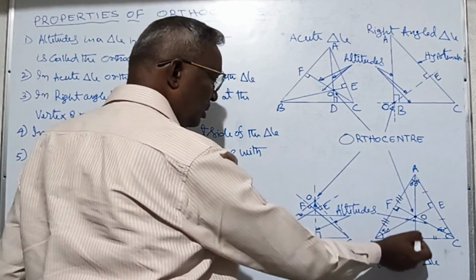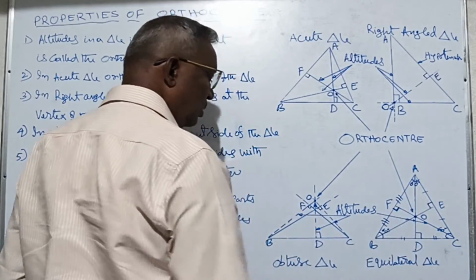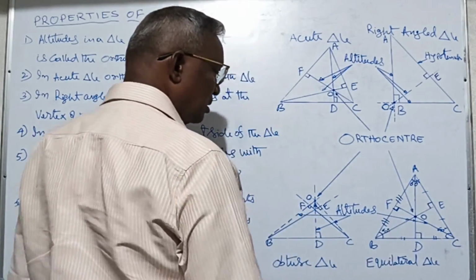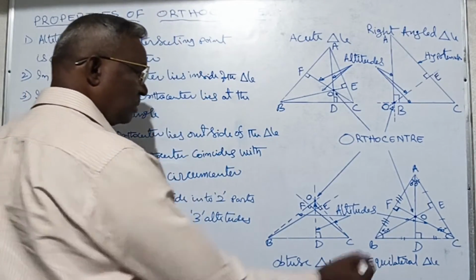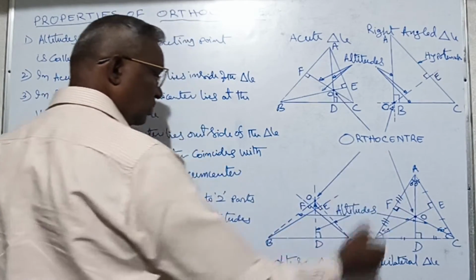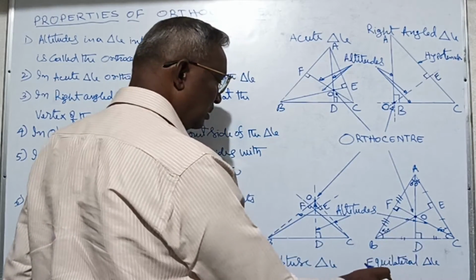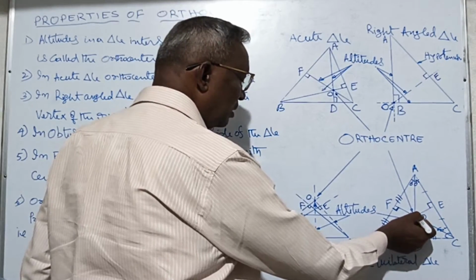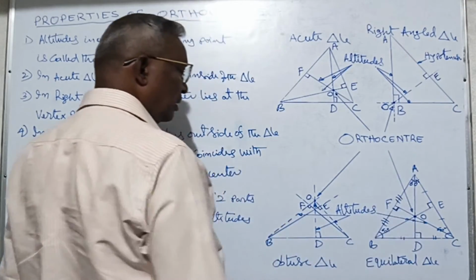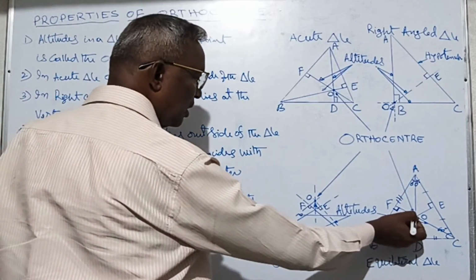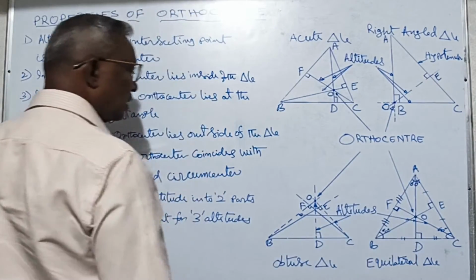This altitude AD divides the opposite side into 2 equal parts. Similarly, this side and this side also. Next, the perpendicular bisectors of the sides, their intersecting point is circumcenter. That circumcenter also lies at the orthocenter.